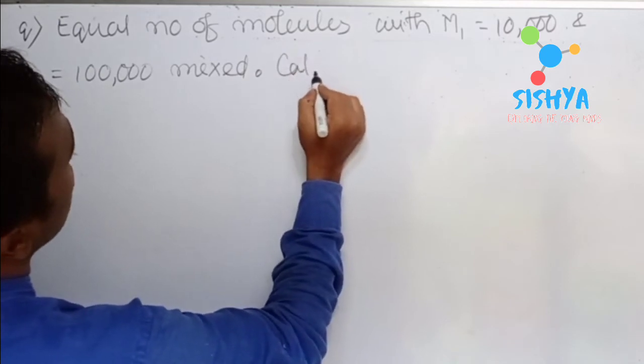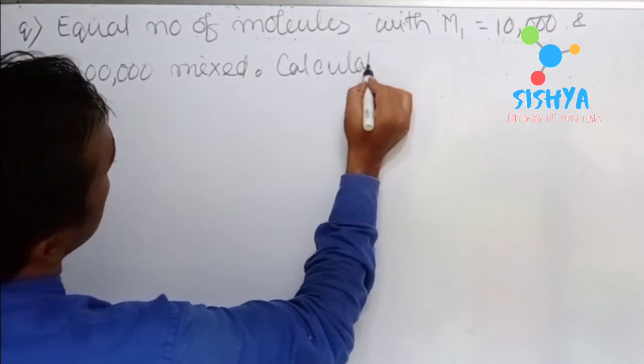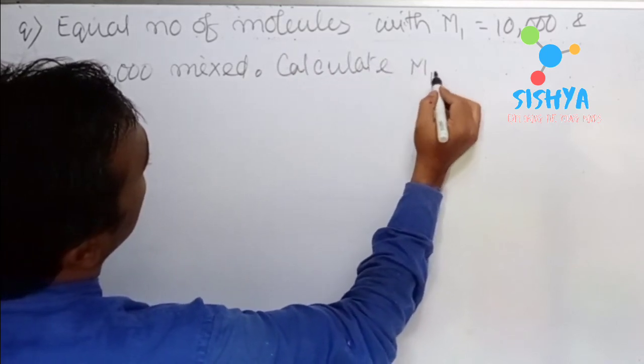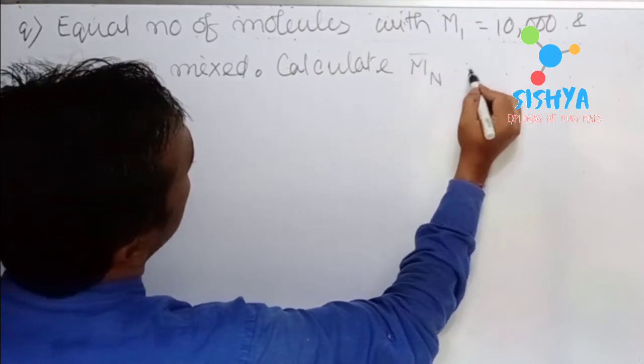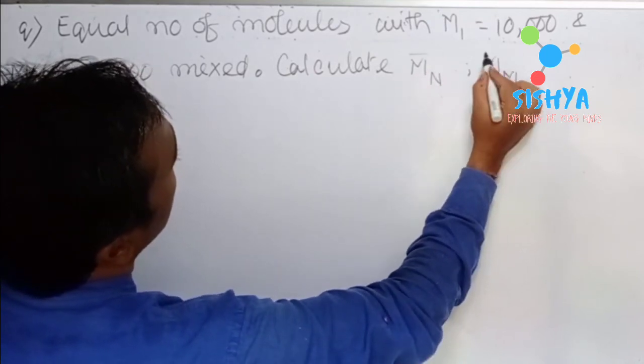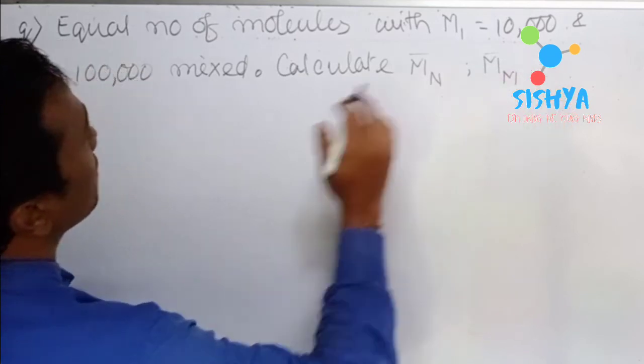Now you are being asked to calculate M bar.